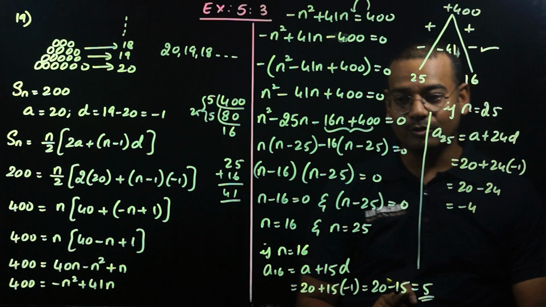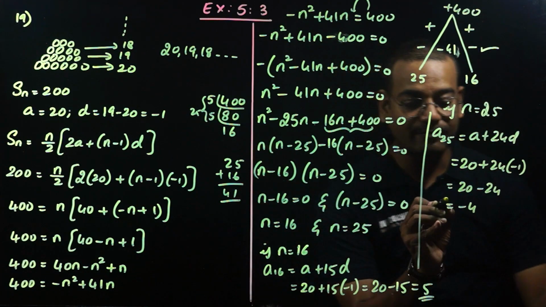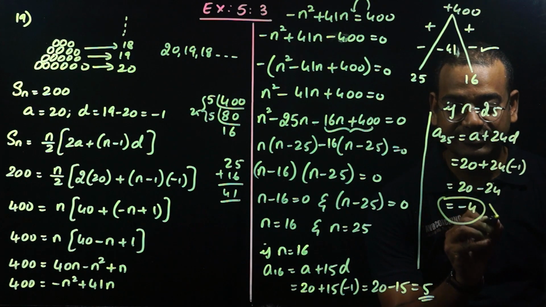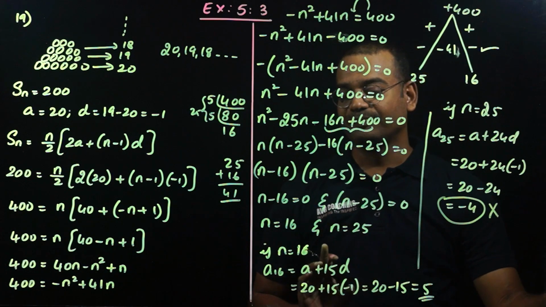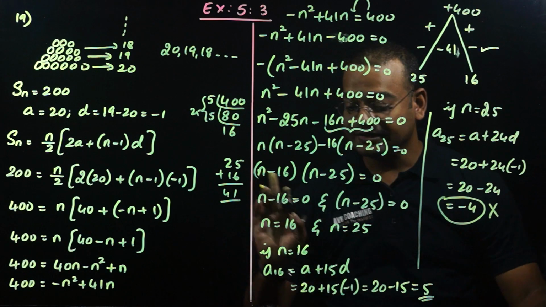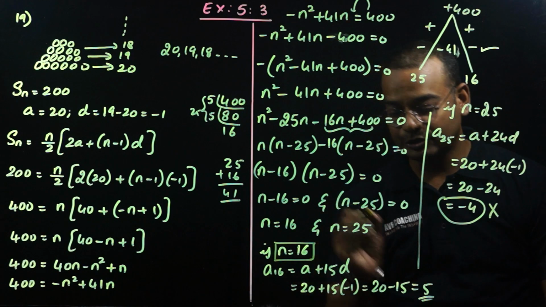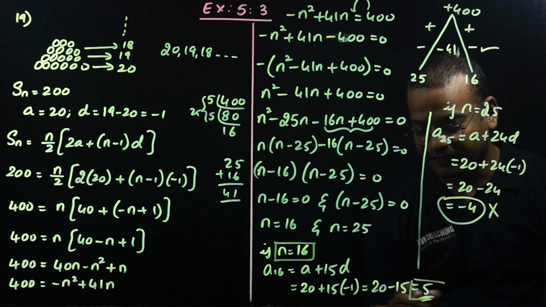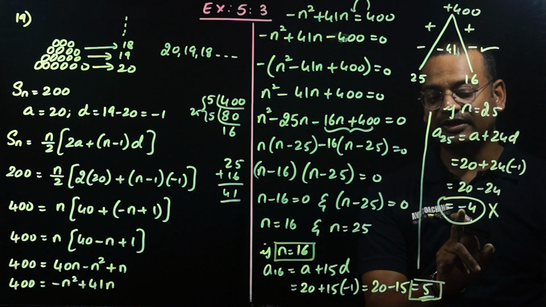Now in the top row, if there are 25 rows, we will have minus 4 logs, which is not possible because we cannot have a negative number of logs. So the correct answer is that there are 16 rows and in the top row there are 5 logs. We are discarding 25 because in the top row we are getting a negative sign.